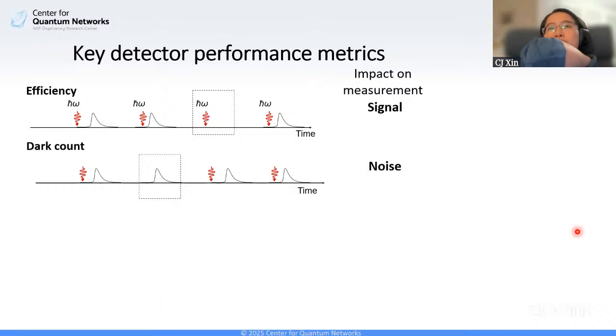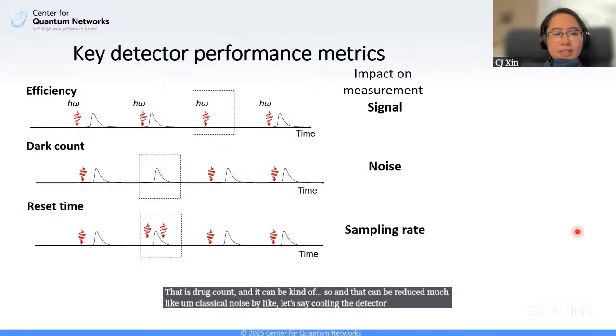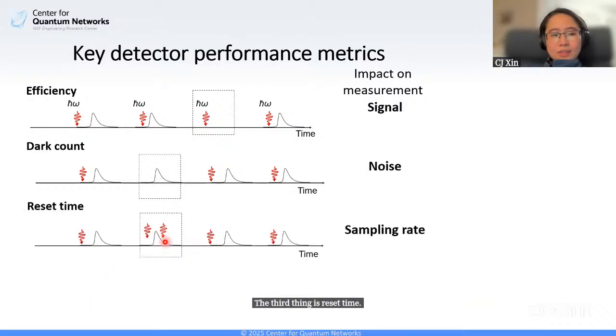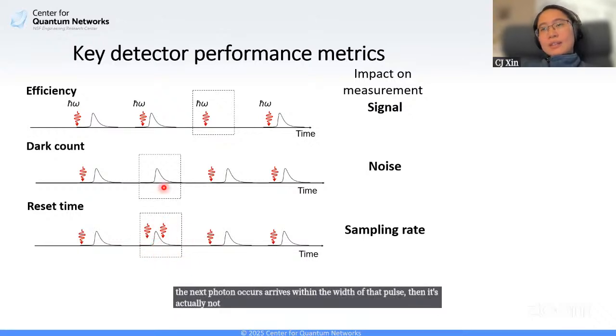and that can be reduced, much like classical noise, by, let's say, cooling the detector. The third thing is reset time. These pulses have a certain width, and if the next photon arrives within the width of that pulse, then it's not going to be able to click again in general.